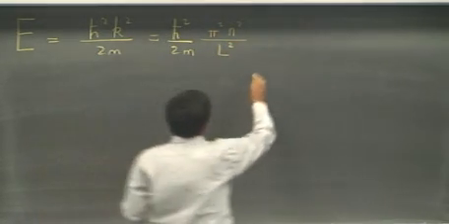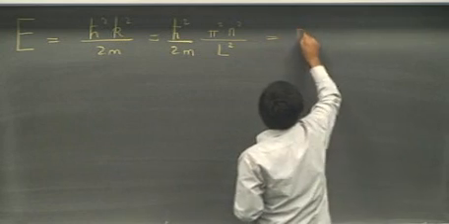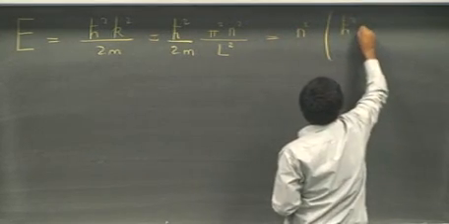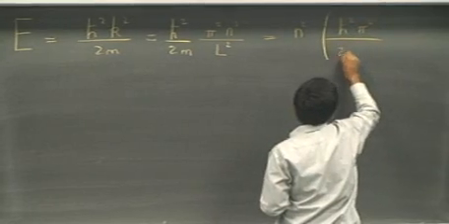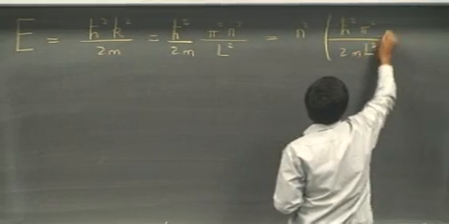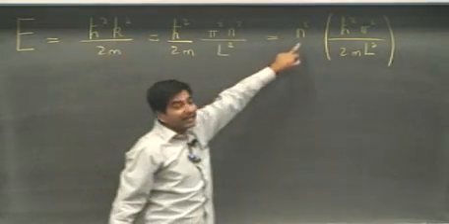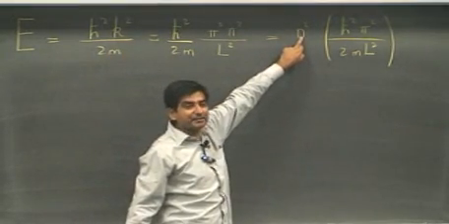Let me recast this in a slightly more amenable form. We have n squared h bar squared pi squared over 2m L squared. So now the energy is depending upon n. The energy depends upon n.